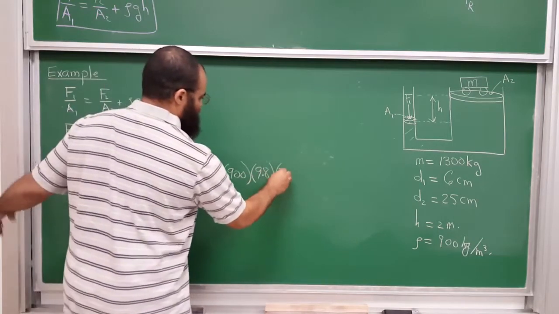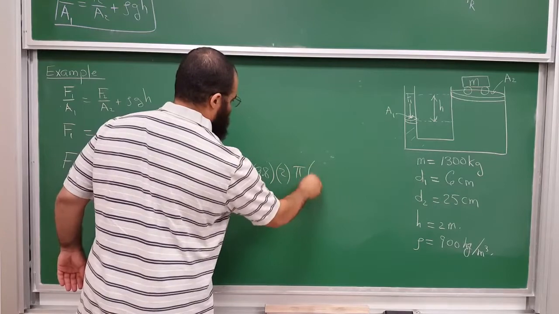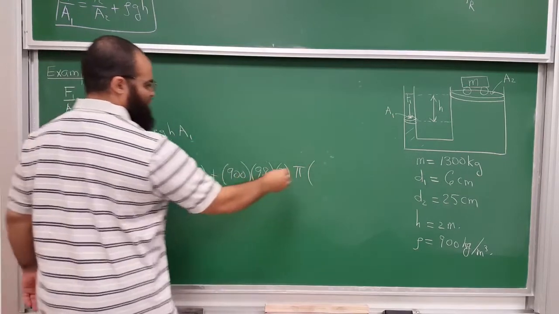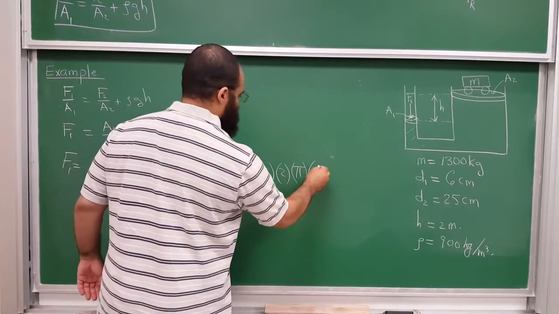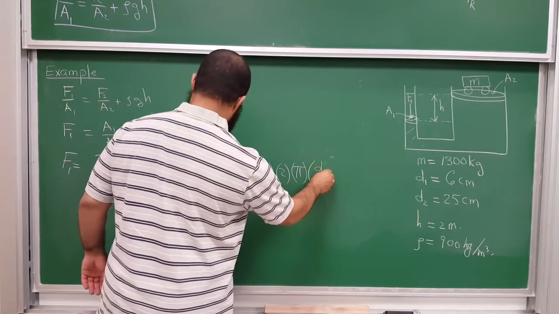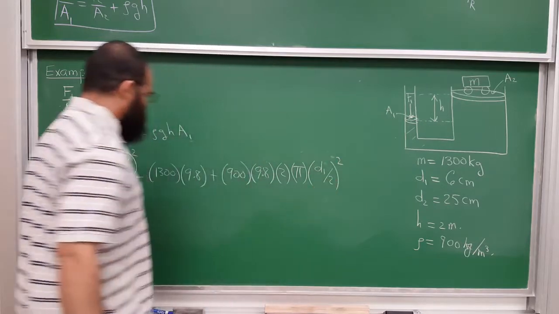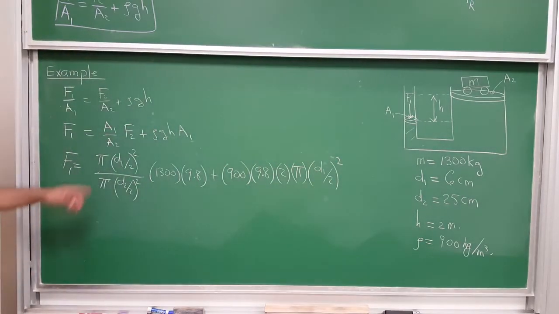The height is 2 meters, and the area is pi times diameter. Area 1 is pi times diameter 1 over 2 squared. I pretty much plugged in everything with the exception of the diameters.